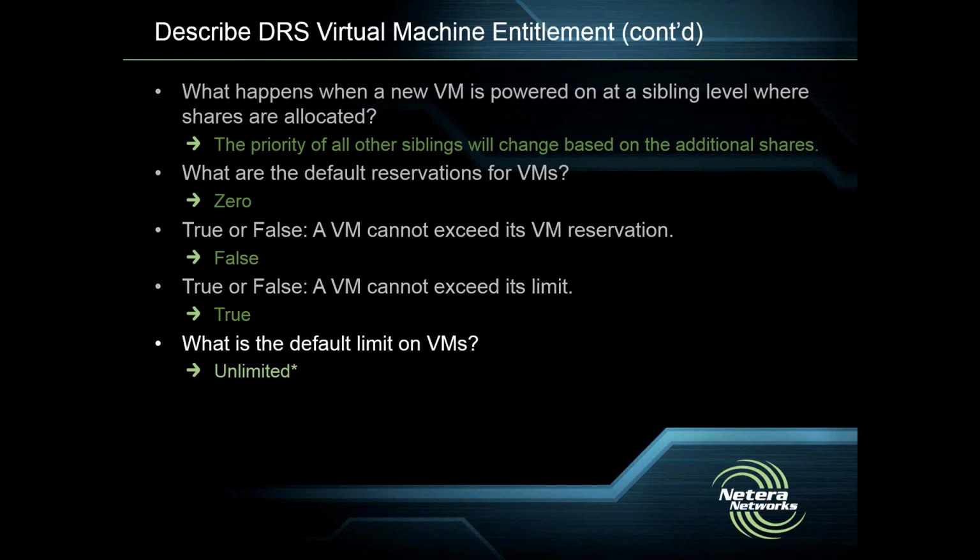Same with memory. The host may have hundreds of gigs of memory, but if the VM is only configured for 4 gigs, it's not going to be able to use more than that. So it's a sort of natural limit.